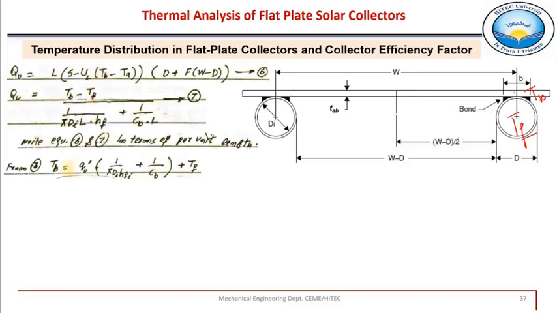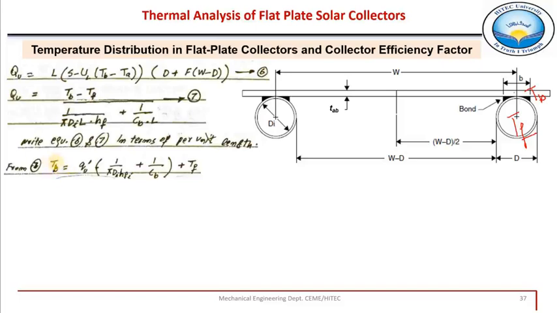So from 7, the heat transfer equation in terms of T_b, T_b is equal to this whole term multiplied by this q. L is assumed 1 in both cases, so there is no L, so small q into this plus this fluid temperature is shifted to the other side.